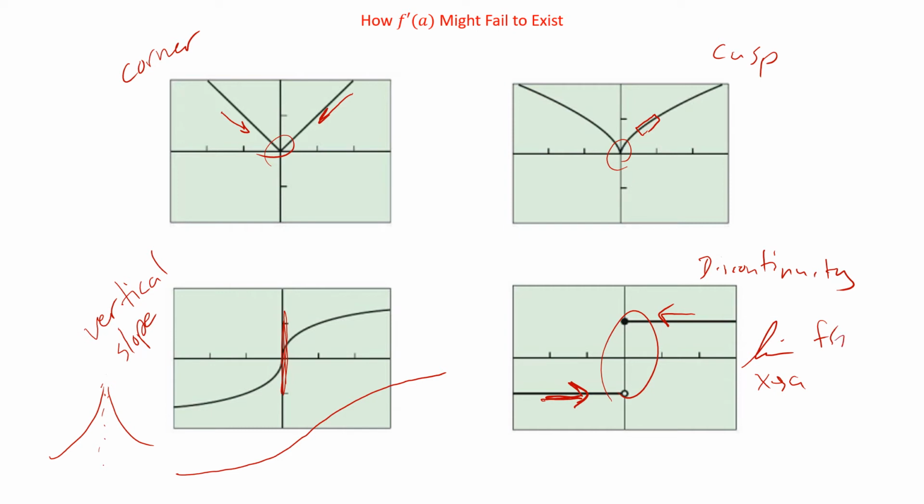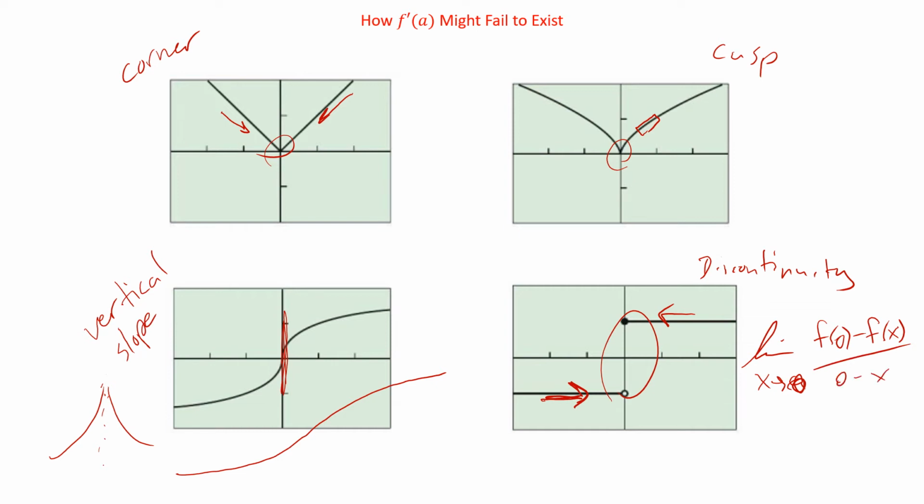So we'll have, as x goes to 0, f of 0 minus f of x over 0 minus x.